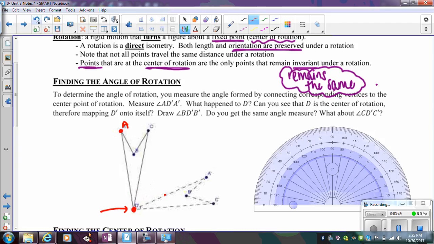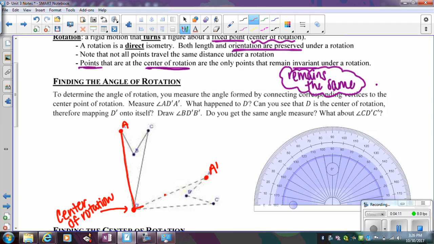So then, from A to the center of rotation to A prime, we have an angle that's formed. Let me highlight that.